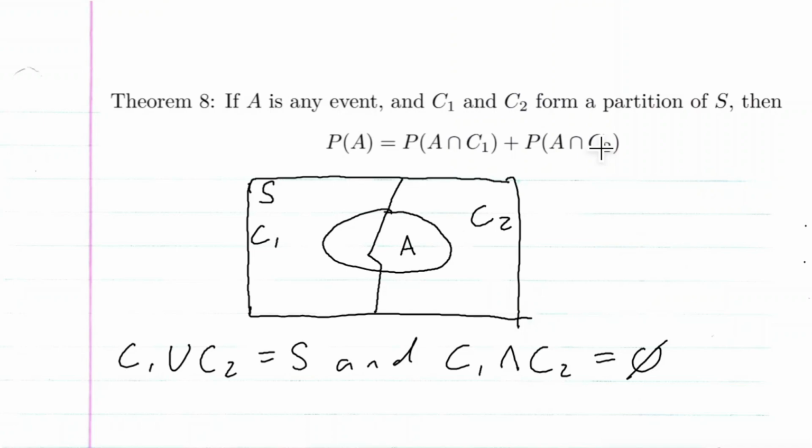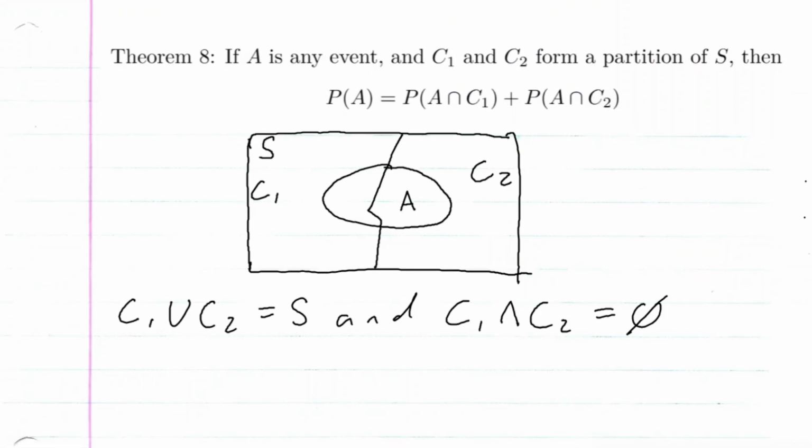All right. So at least intuitively, hopefully you can see that the probability of A is all the blue, right? And we say that that's equal to the probability of A intersection C sub 1. So A intersection C sub 1 would be this purple, right?